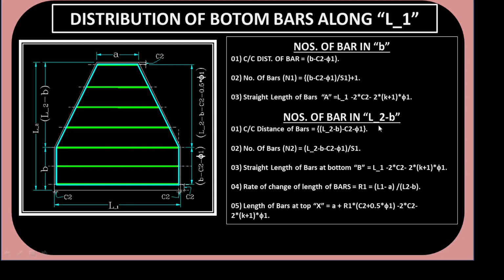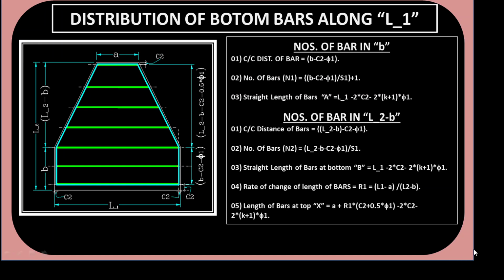Number of bar in L2 minus B. Center to center distance of the bar is equal to L2 minus B, this distance, minus side cover, minus phi. Number of bar N2 is equal to this distance divided by S1.